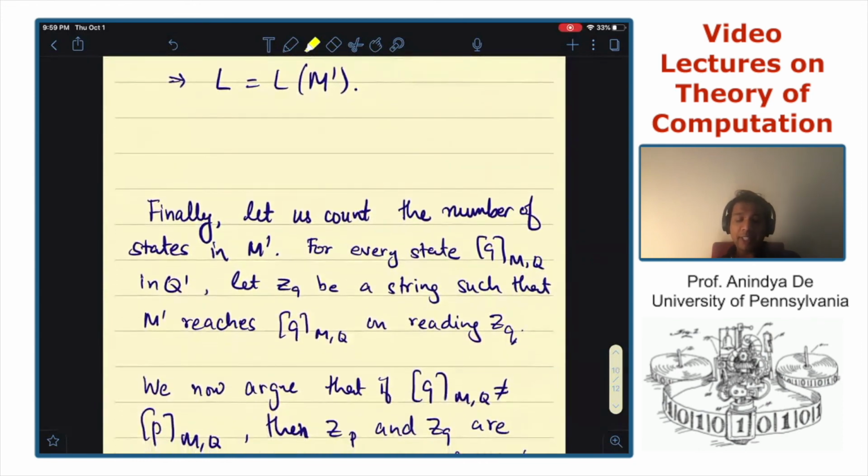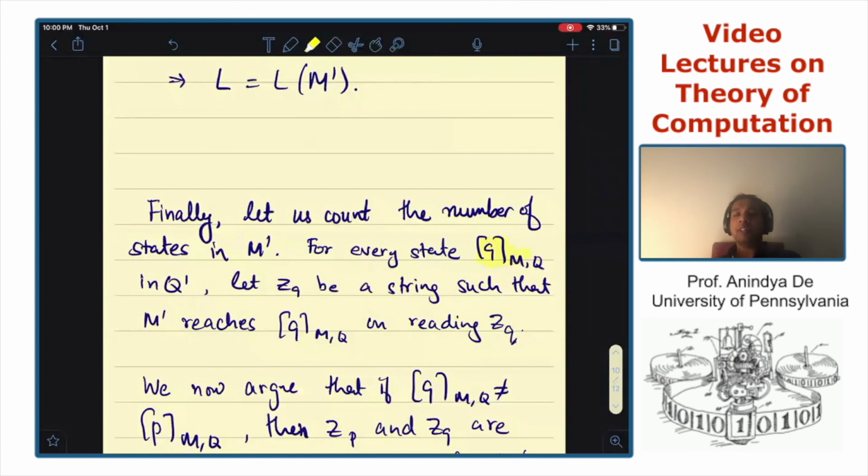Well, let us count the number of states in M prime. Suppose you take the state corresponding to the equivalence class of Q, this [Q]_M.